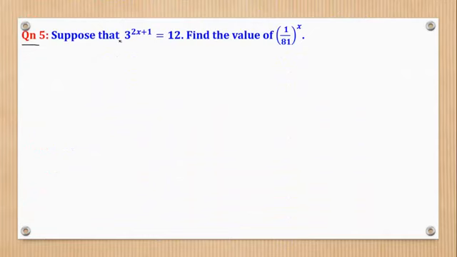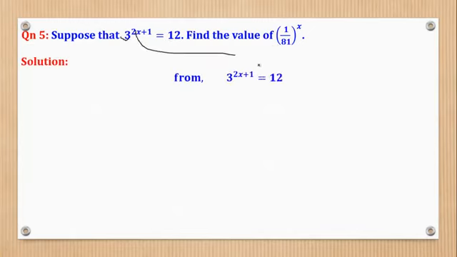Question 5. Suppose that this is equal to this. Find the value of that. So let's first simplify this given the index. From that, it means that this one can be split to become 3 to the power 2x times 3 to the power 1.